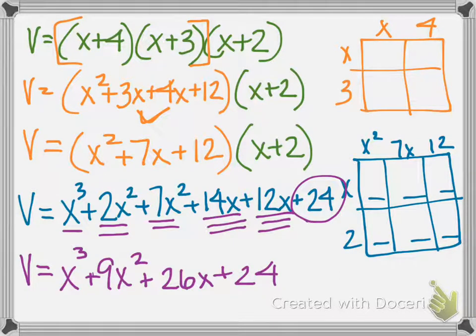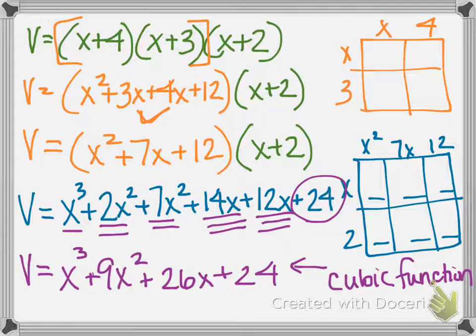So again, this is a cubic function, and it represents that situation of increasing that cube by a certain number each time. Okay, so that would be the volume of that cube, and then if we knew what x was, obviously we could plug that in and find the actual volume.